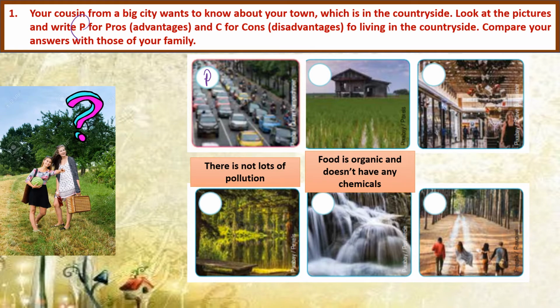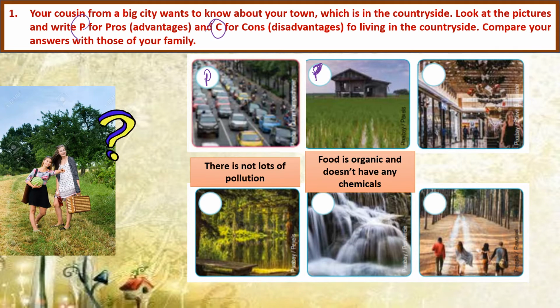Food is organic in the countryside and doesn't have any chemicals because people grow their own food. So that would be an advantage or disadvantage. Food is healthier in the countryside, so it would be an advantage. And then you're going to write for each picture letter P or C.